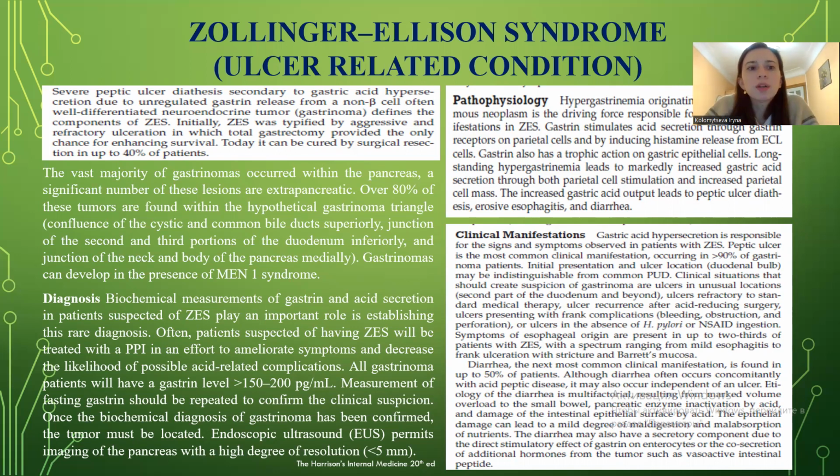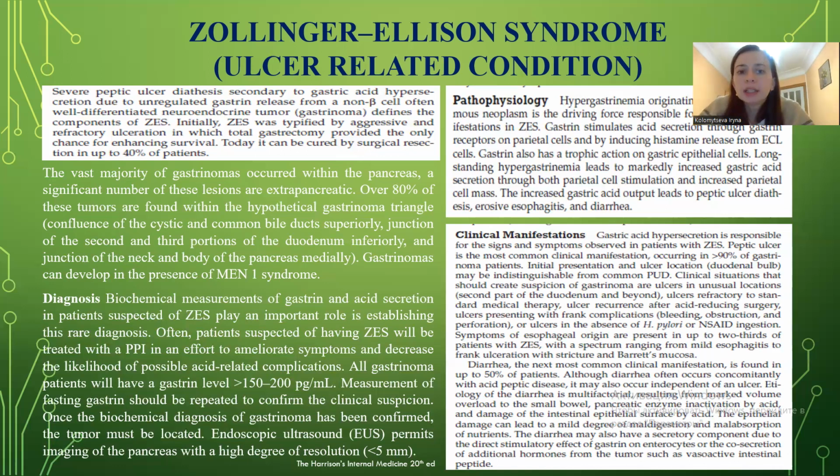Gastrinoma defines the components of Zollinger-Ellison syndrome. Initially, Zollinger-Ellison syndrome was typified by aggressive and refractory ulceration in which total gastrectomy provided the only chance for extended survival. Today, it can be cured by surgical resection in up to 40% of patients.